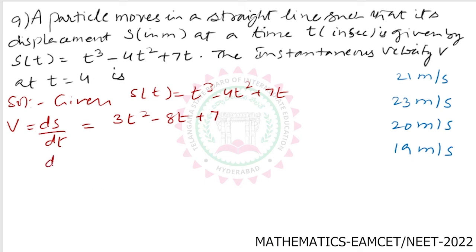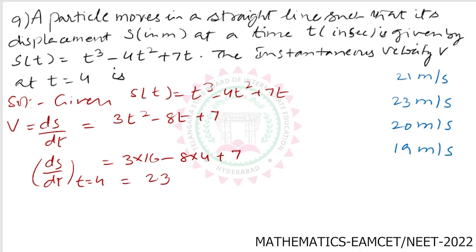So ds by dt at t is equal to 4 seconds is 3 into 16 minus 8 into 4 plus 7. 16 3s are 48, 48 minus 32 plus 7, I am getting the answer as 23 meters per second. So which is the correct answer? Second option, right? This was also asked in the 2021 examination in another section.